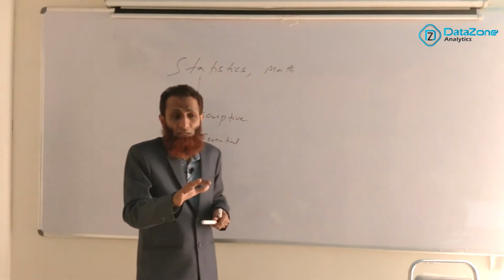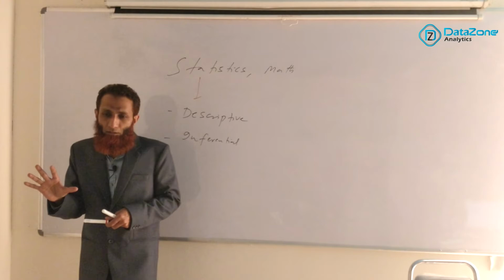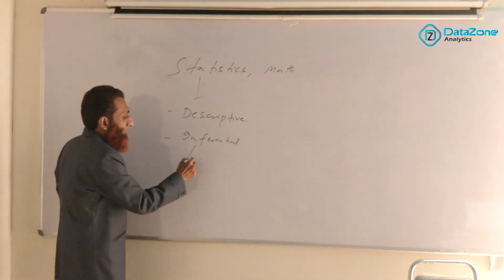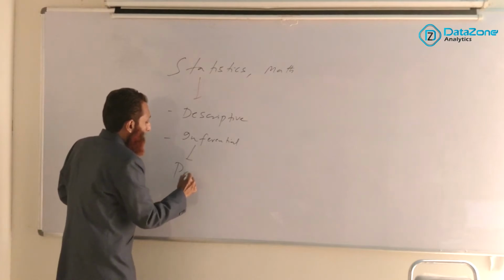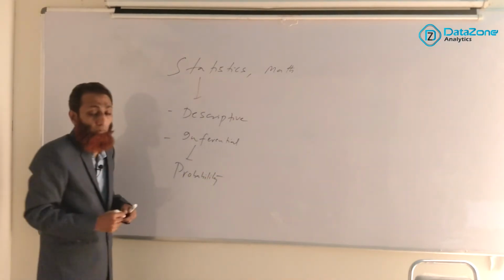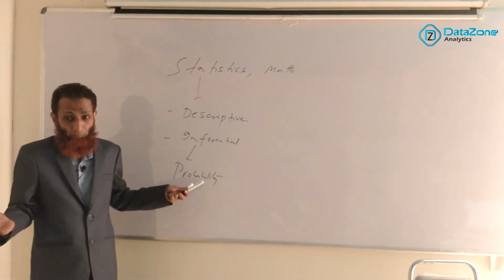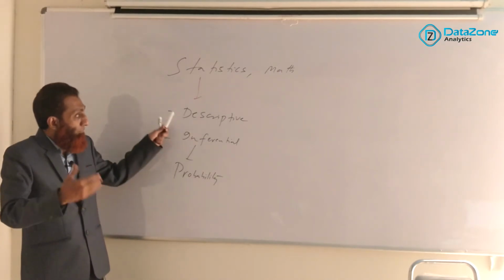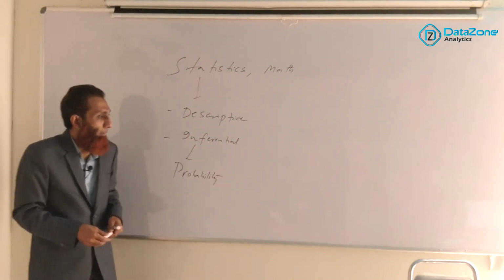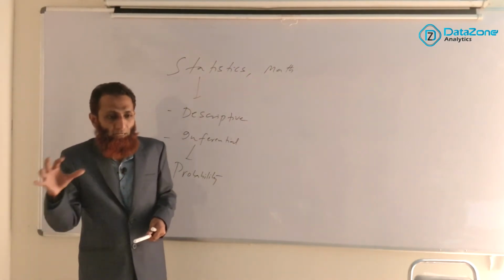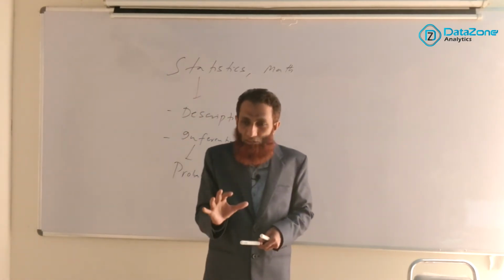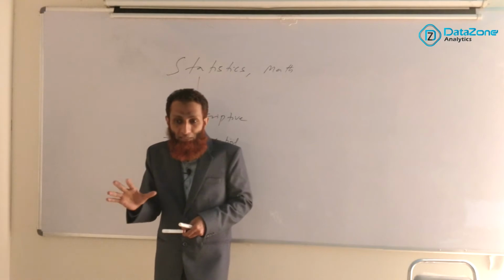So inferential statistics, as it deals with sample, we don't have complete data, only sample. So that's why it basically uses probability. So probability is another very important area of mathematics. So now descriptive, inferential and probability. Apart from that, as a data scientist, we regularly perform something called hypothesis testing or A/B testing.